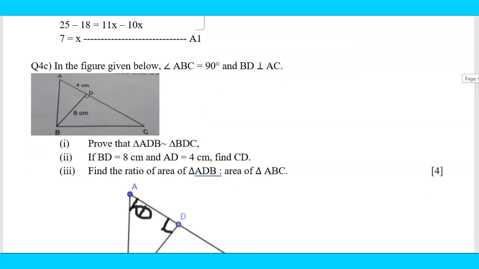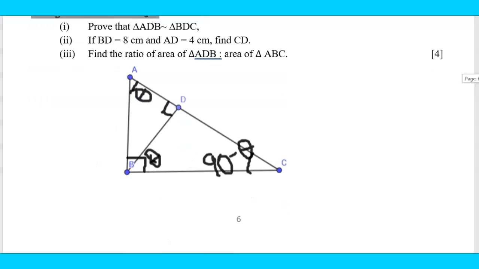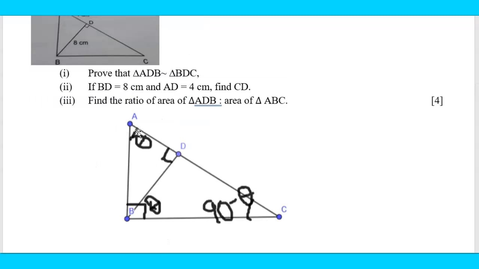You have to prove that ADB is similar to BDC. You can use various ways. First, you can prove that this triangle is similar to the bigger triangle, and you can prove that this triangle is similar to the bigger triangle. Then we can prove therefore these two are similar. Otherwise, directly we can prove that let angle A is theta, therefore it's a right angle triangle, isn't it?